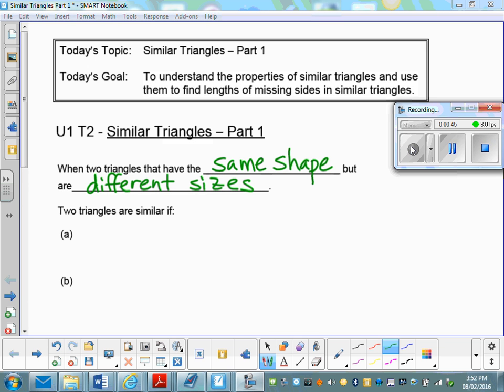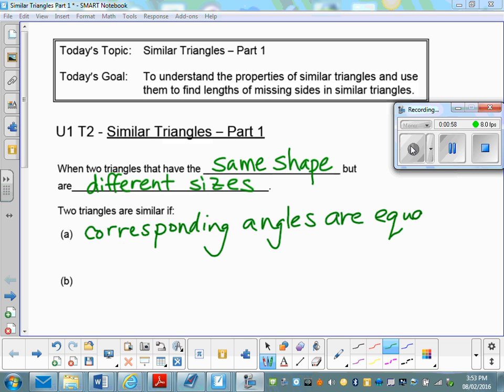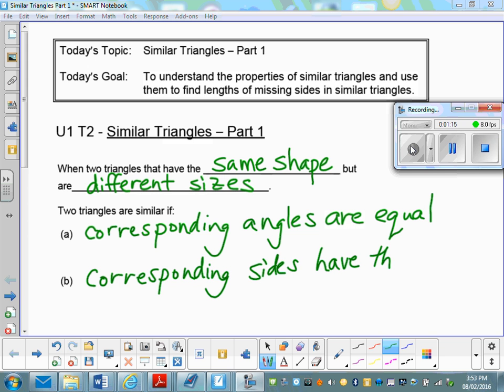And two triangles are similar if the corresponding angles are equal, and if the corresponding sides have the same ratio.